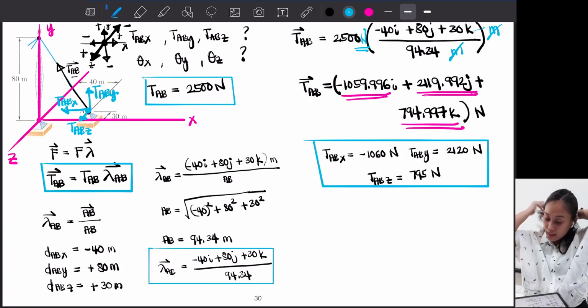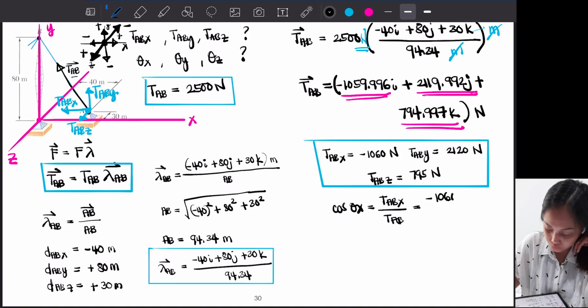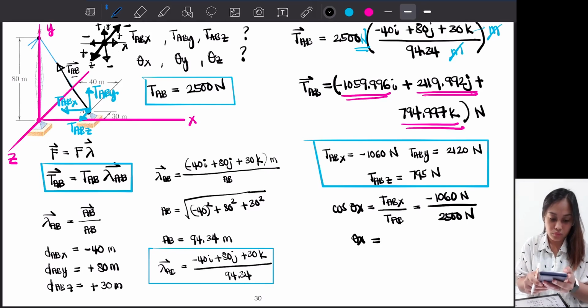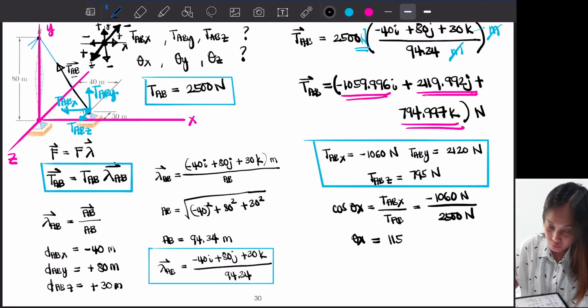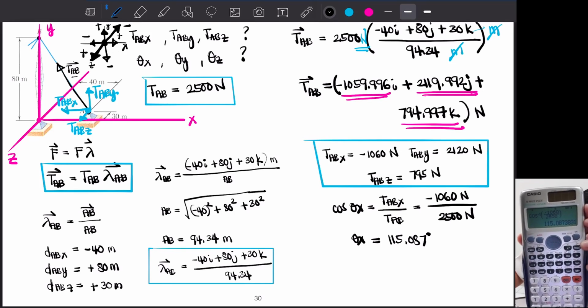Cosine theta x is equal to its x component TABx over TAB, which is negative 1060 over 2500 newtons, so theta x is equal to 115.087 degrees, the arc cosine of negative 1060 over 2500.